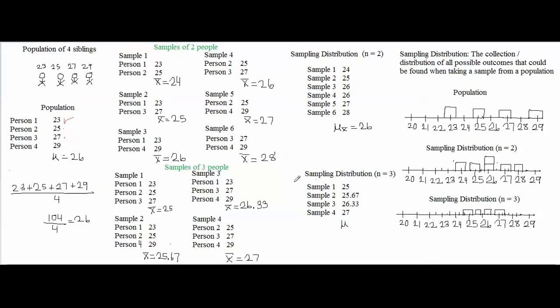So the mean of the population is the same as the mean of the sampling distribution, regardless of whether you're dealing with a sample size of 2 or a sample size of 3. No matter what the sample size is, the mean of the sampling distribution will be the same as the mean of the population.